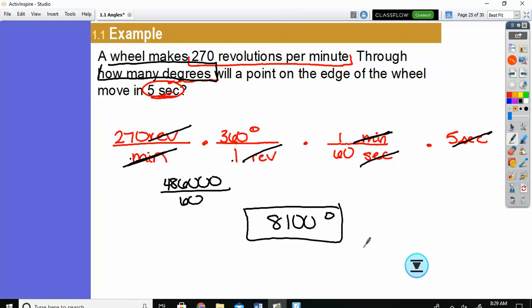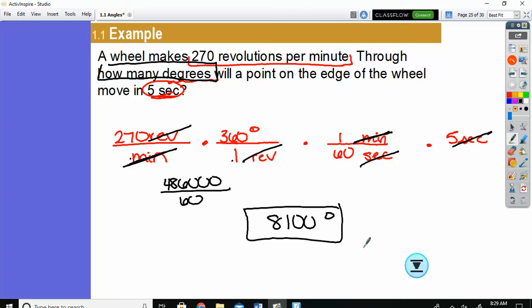How the heck would anybody be able to put that in calculator? So, okay. Some people just think a revolution is how many degrees? 360. So you take 270 times 360. That gives you your degrees. Okay. That was in 1 minute. So to figure out how many seconds that would be, you have to divide by 60.